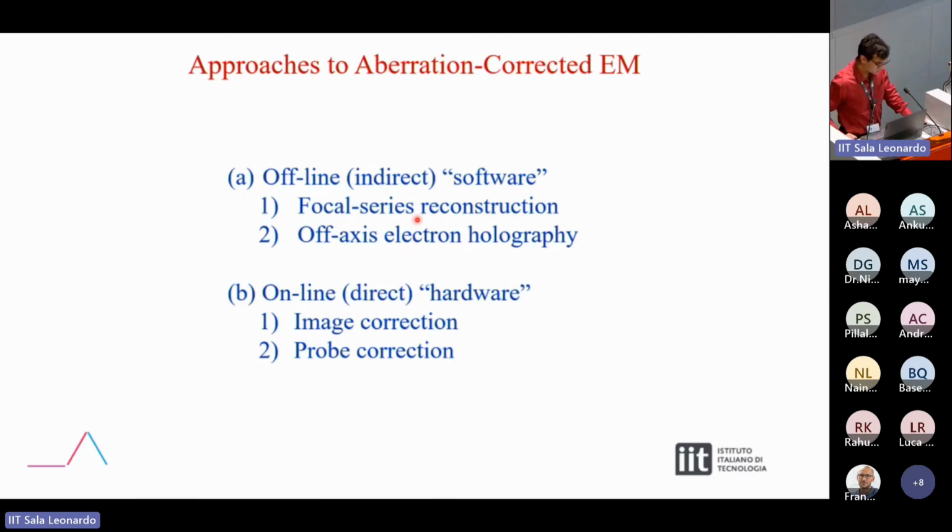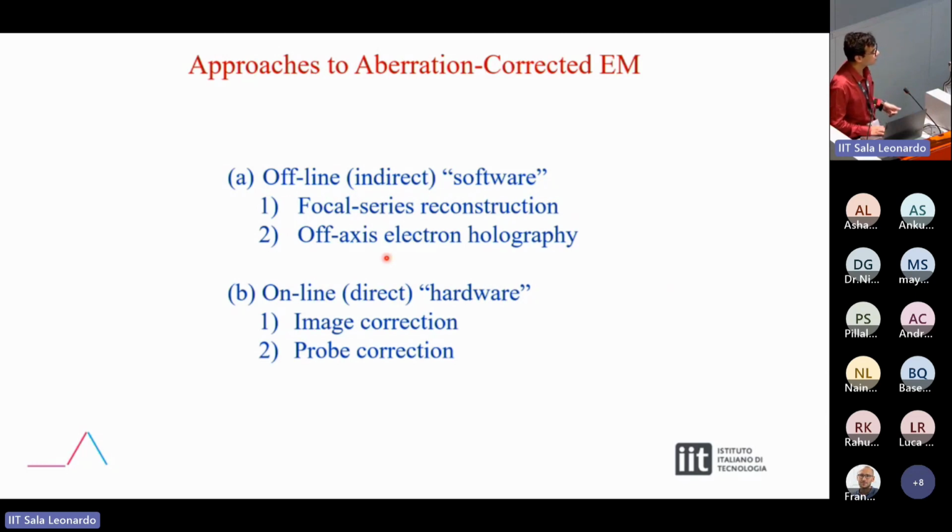In focal series reconstruction, you just acquire the images at different defocus values, and then you reconstruct those images, and you remove the aberrations by using software, and then you obtain the aberration-free image. It's not actually aberration free, but you can say a somewhat corrected image. And off-axis electron holography is simply you have two beams.